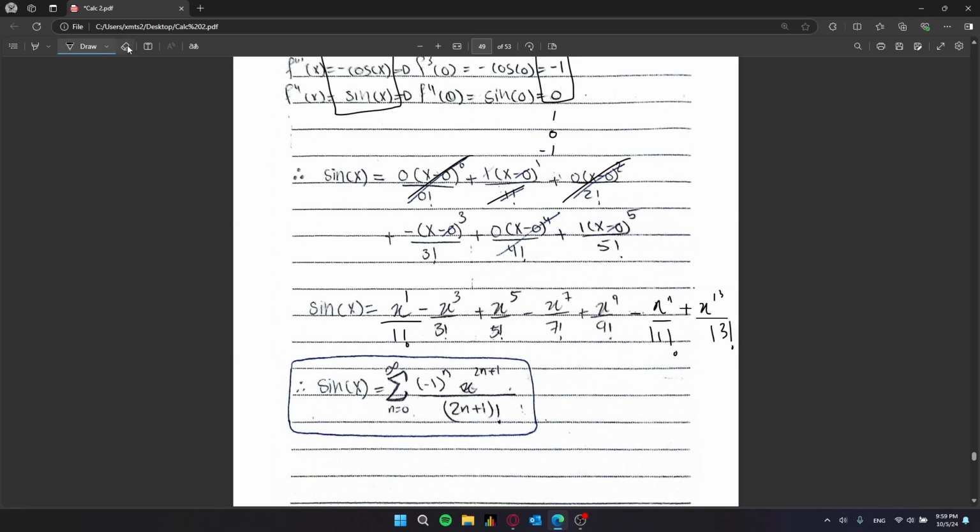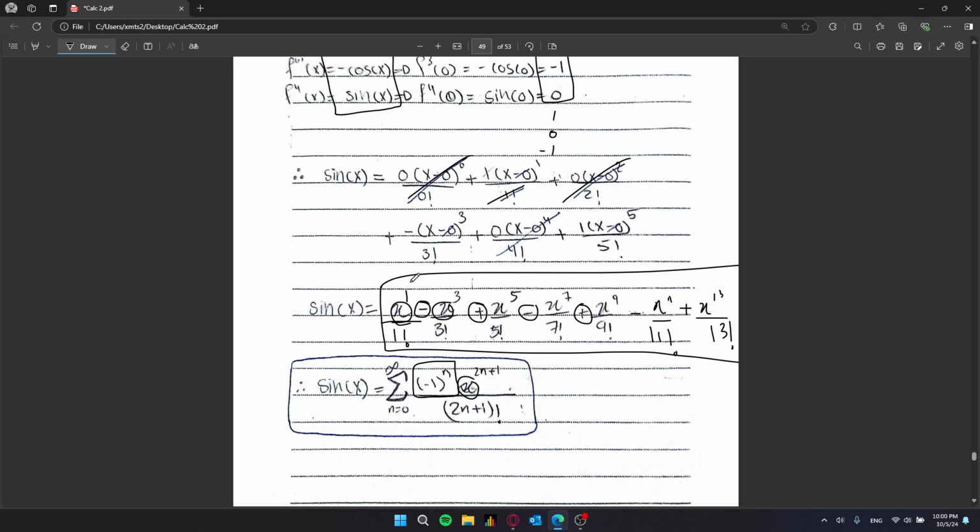So, how can we express all of this as a summation? Well, first step is we know that it's alternating. We know that it's plus minus, plus minus, plus minus. So we include the plus minus in it. And we know that there is an x in every term. So we include x as it is.